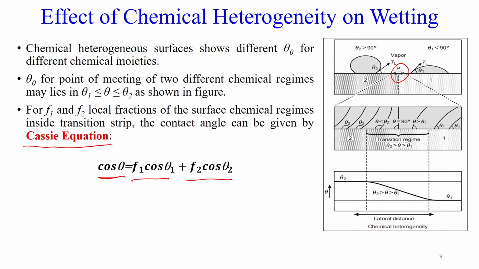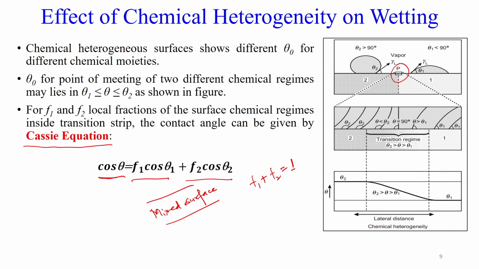Let us say a surface is made of two different groups and the fraction of one group is known to you; you should be able to calculate the fraction of the other group if it is completely covered, which means f 1 plus f 2 is equal to 1. So, if f 1 is known, you can calculate the value of f 2, and the individual contact angles should be known. You should be able to calculate the contact angle on a mixed surface.